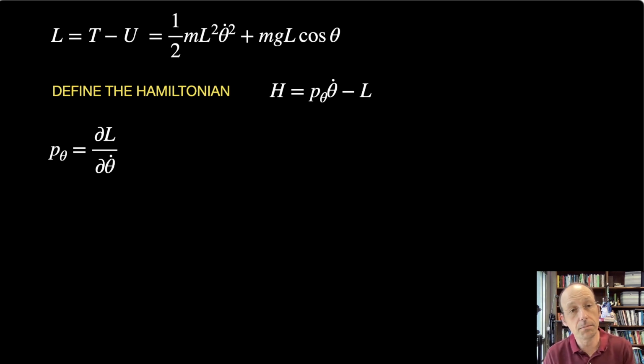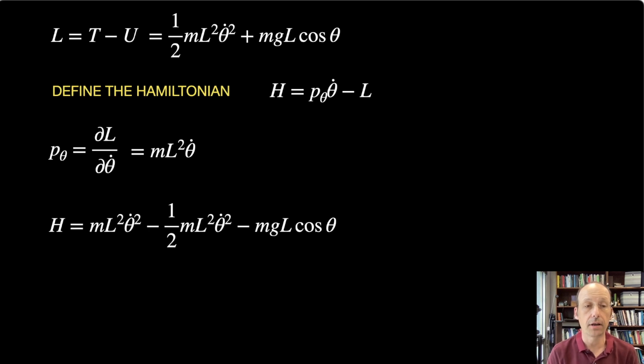So if I take the partial of L with respect to theta dot, I get m l squared theta dot. So that is my p theta momentum. And if I put that in, multiply that by theta dot, subtract the Lagrangian, I get this Hamiltonian. So I have m l squared theta dot squared, and then subtract the Lagrangian, and you'll notice that term is similar, 1/2 m l squared theta dot squared minus m g l cosine theta.